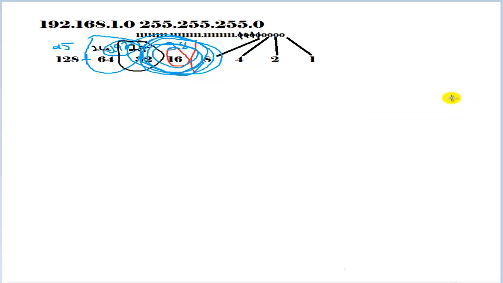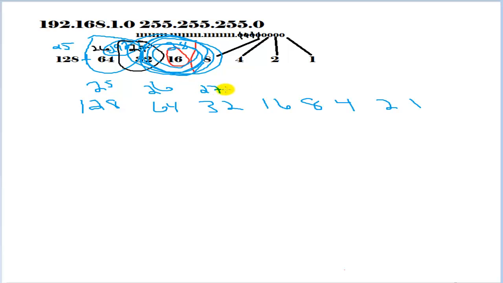I wrote out the bit values, so I went 128, 64, 32, 16, 8, 4, 2, 1, and I would write the ID, so 25, 26, 27, 28, 29, 30, 31, 32.